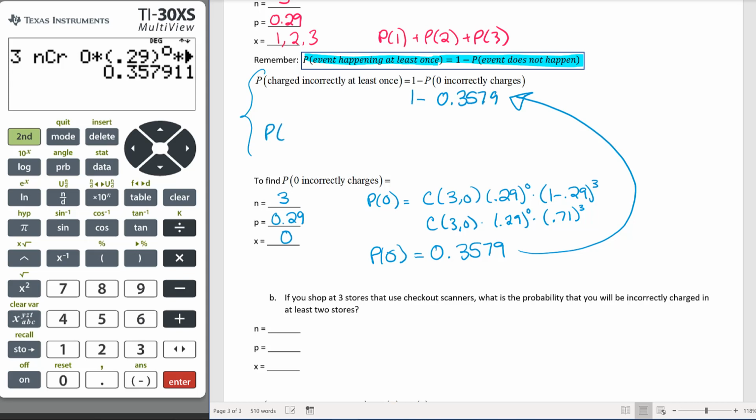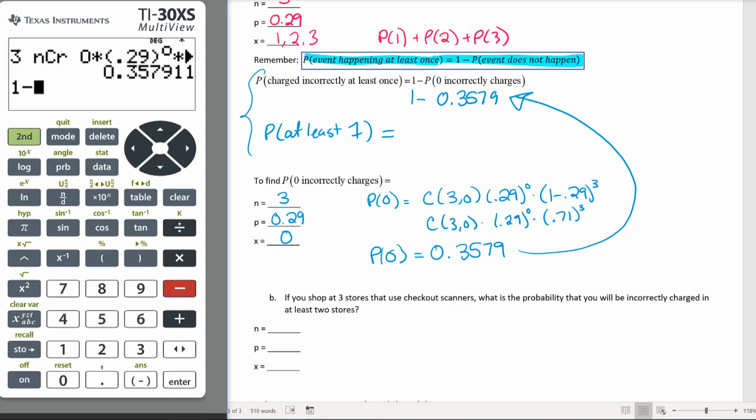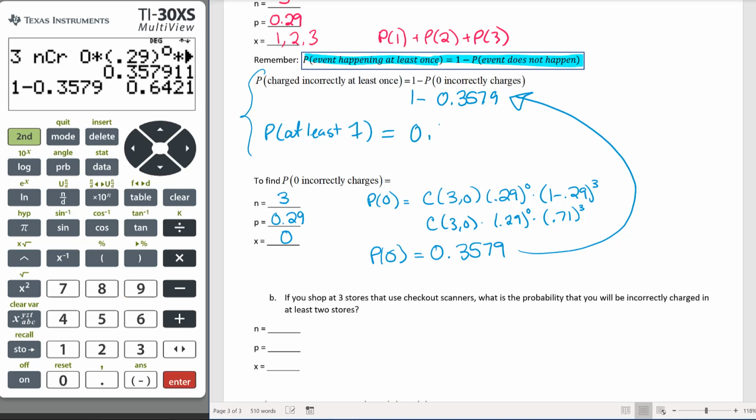So the probability of at least 1 is equal to 1 minus 0.3579, which is going to be 0.6421. So that is the answer. I had to use a little bit of creativity to find P of 0, and then 1 minus P of 0 to find at least 1.